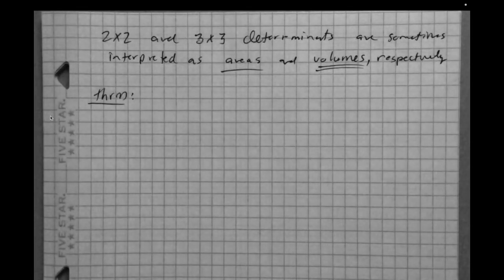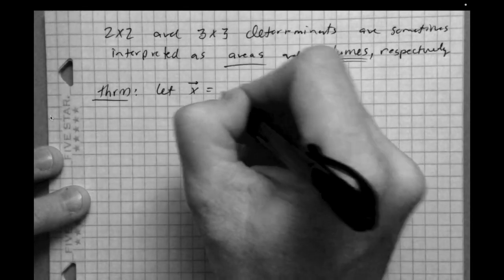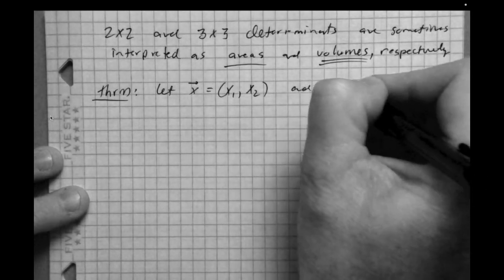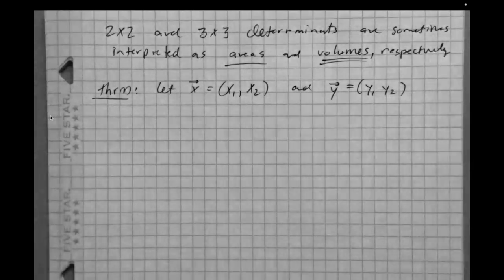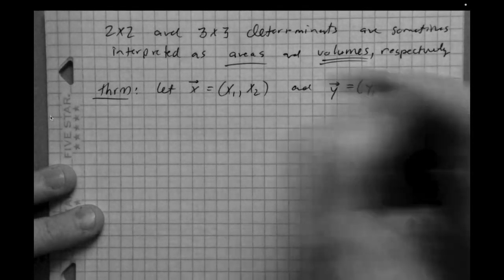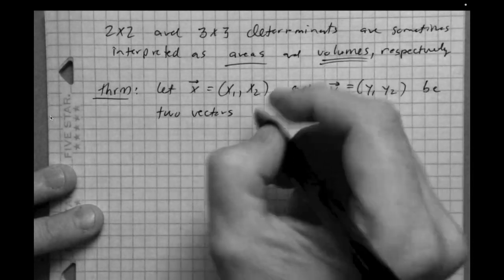Let's write it out. We'll write the theorem out for the 2x2 case, and then we'll just talk more generally about the 3x3 case. So let x be a vector, x1, x2, and y a vector, y1, y2. So these will be two vectors that are non-parallel.